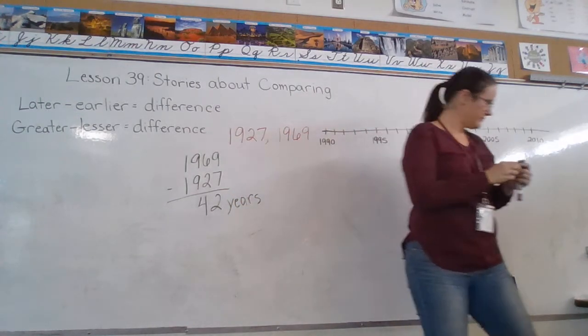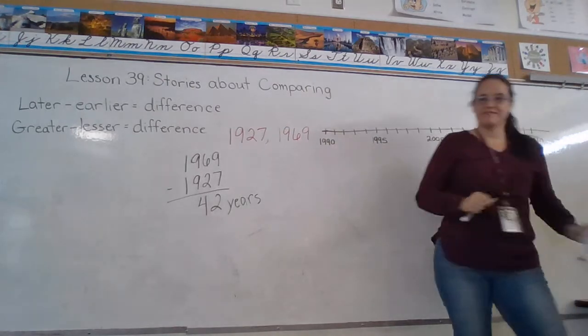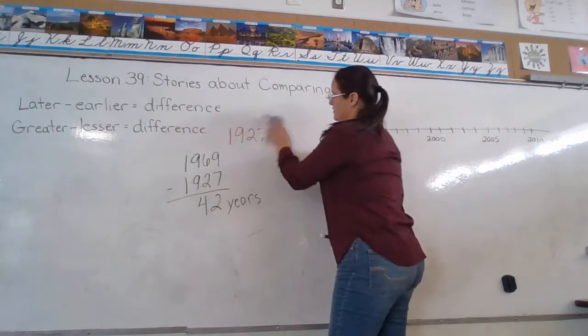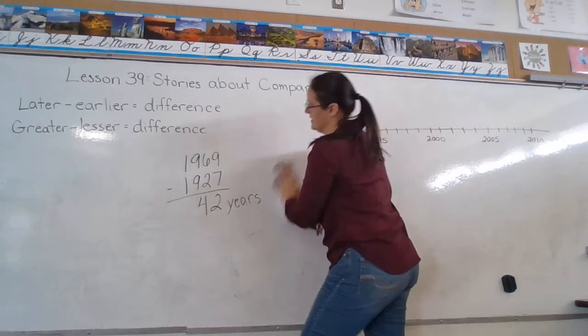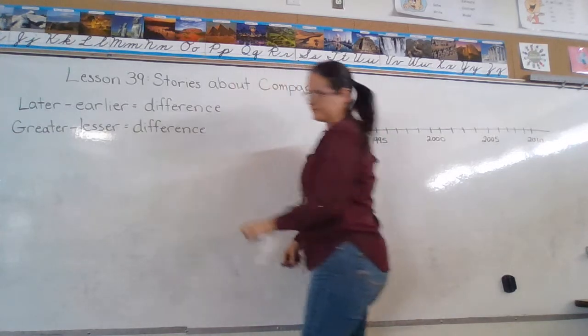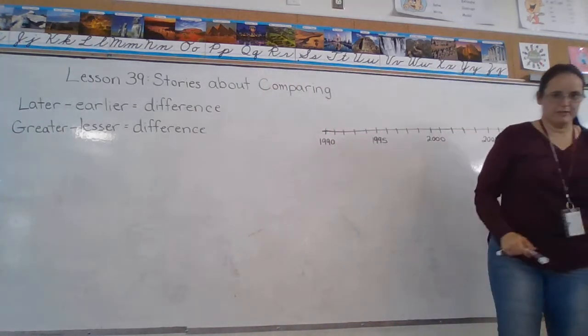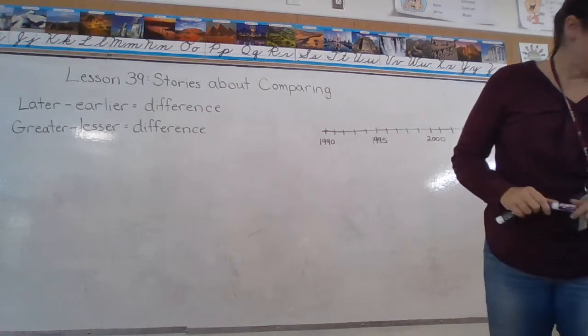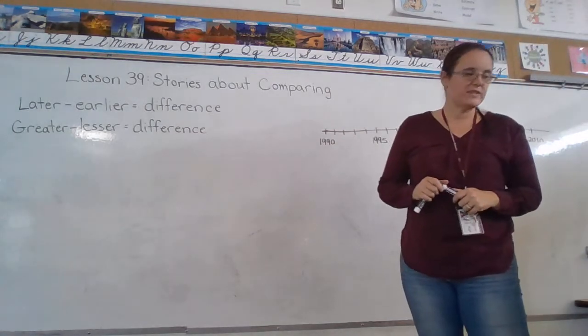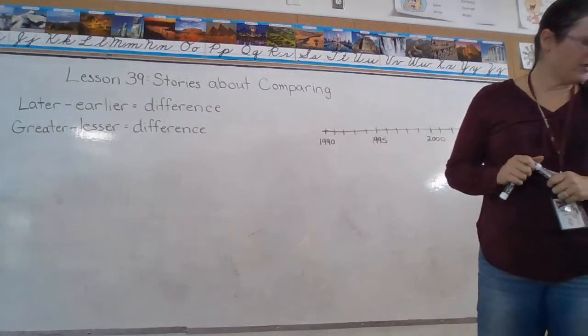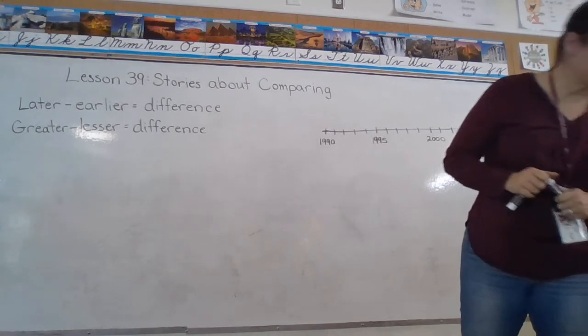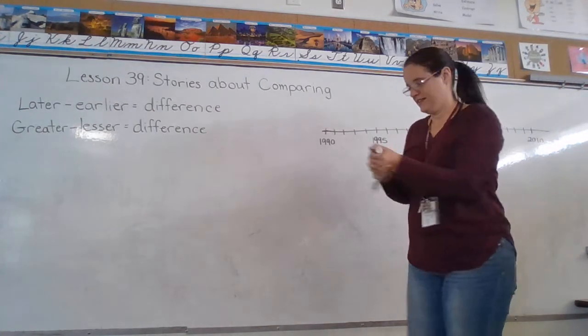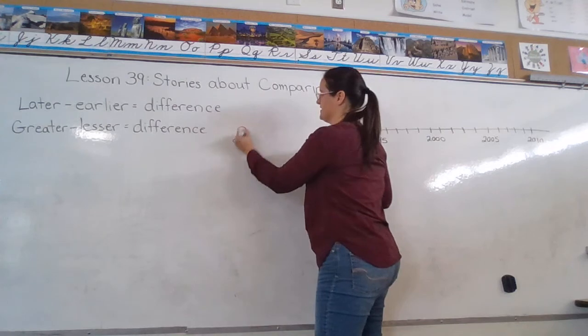Okay? Our next example is very similar, but this is going to use a timeline strategy. So in this problem, it asks, how old was Gloria on her birthday in 2007? So that's the first year they give us.